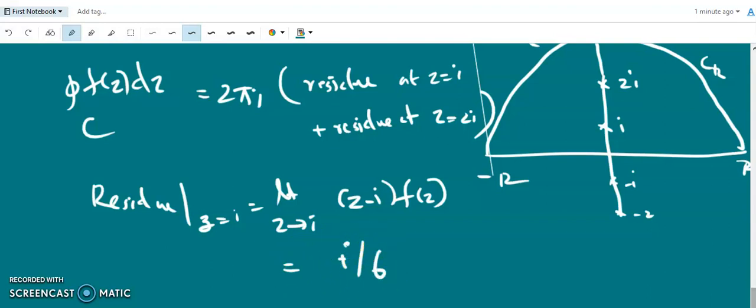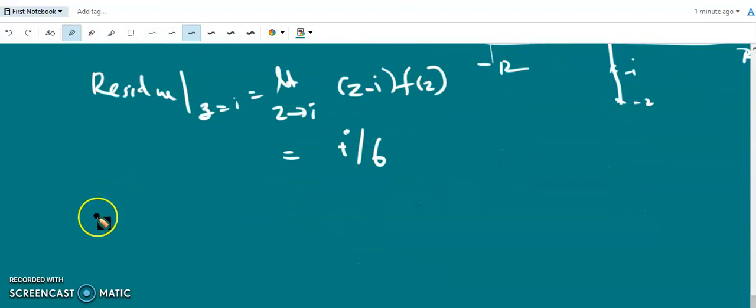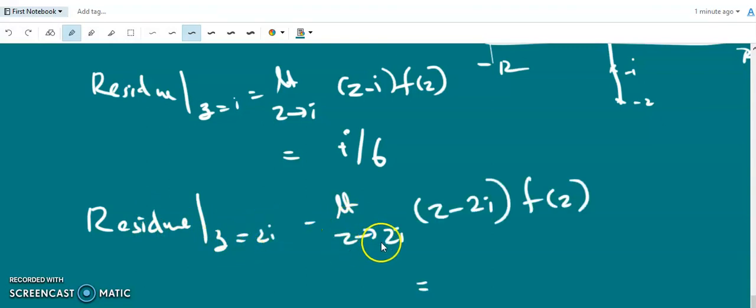So similarly, you can find the residue at z equal to 2i, and you can find that it is equal to the limit as z tends to 2i of (z minus 2i) times f of z, that is equal to 1 over 3i, or minus i by 3.